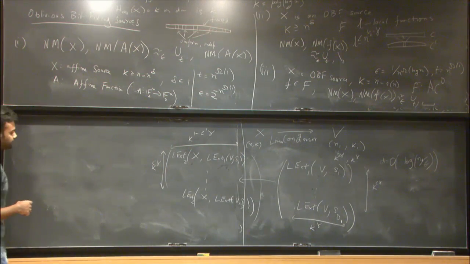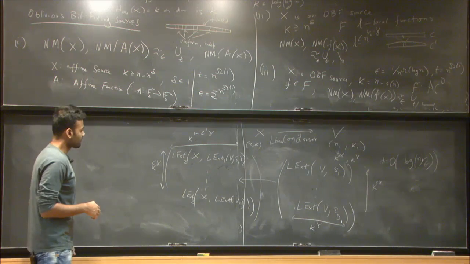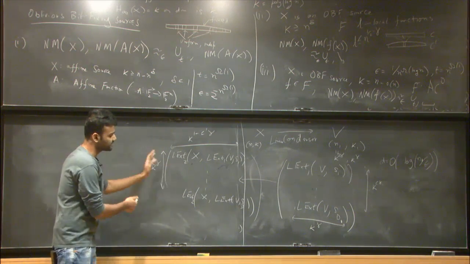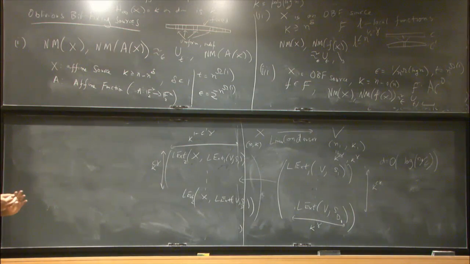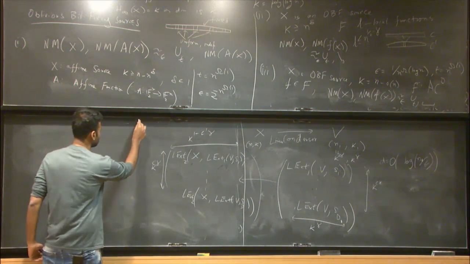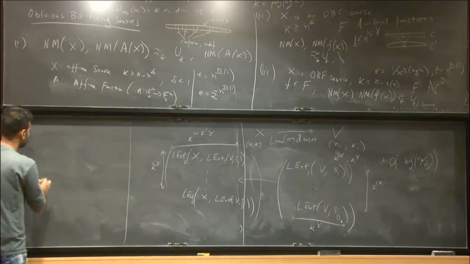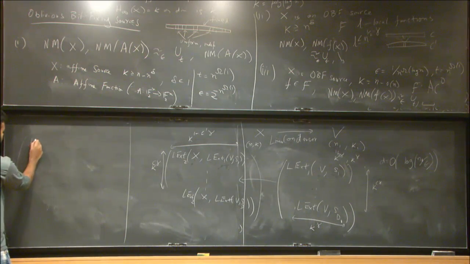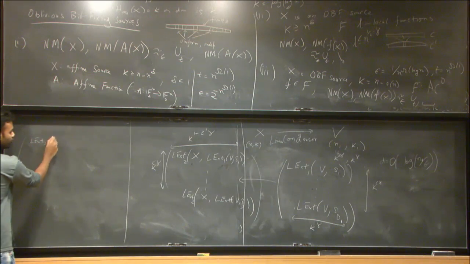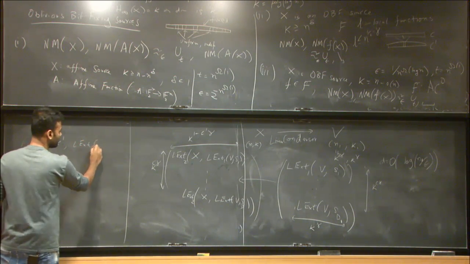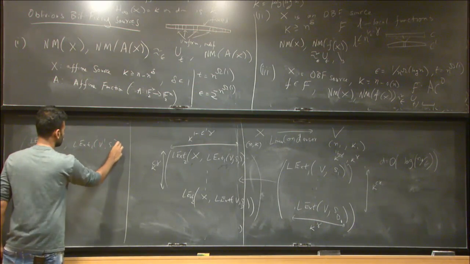There is also a corresponding thing going on in the tampered world. Similarly, we have produced a matrix L ext 2 of x prime, L ext 1 of v prime, s1.